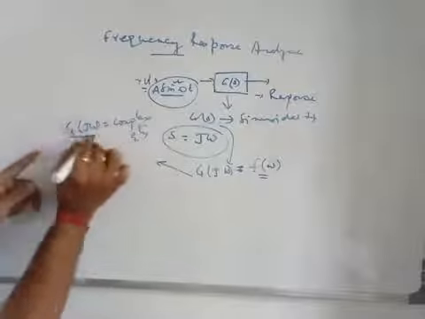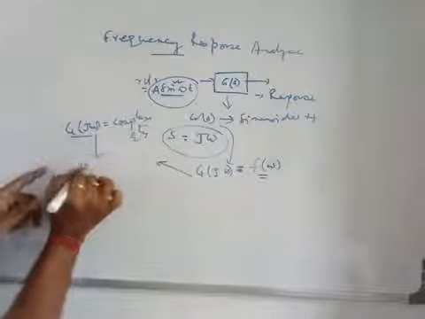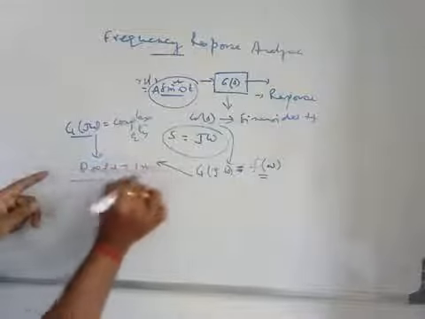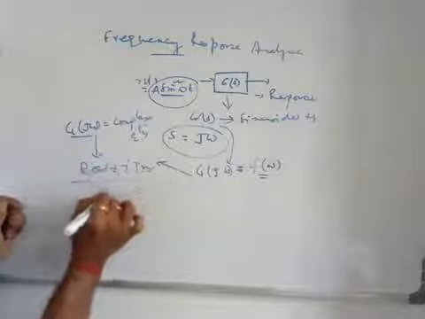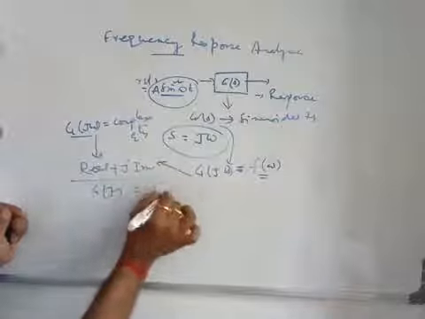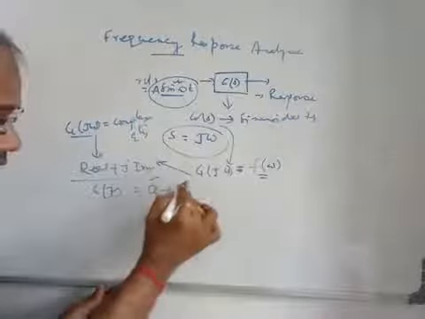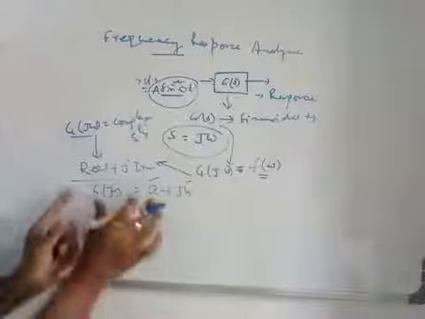A complex quantity will have one real value plus one imaginary value, so we may write G(j omega) equal to, say, A plus jB.